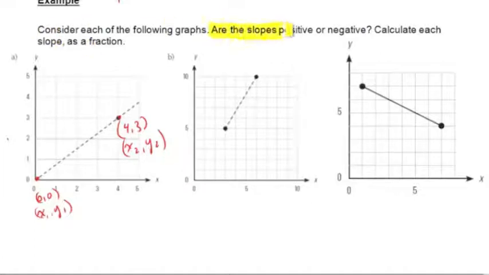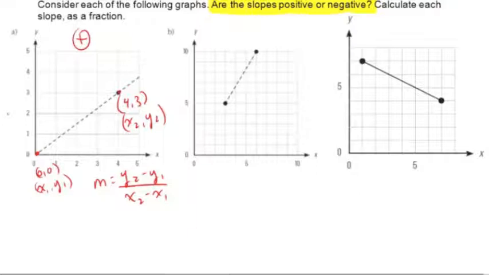Okay, so in this question, consider each of the following graphs. Are the slopes positive or negative? That's the first thing that we are going to do. Looking at the slope, it goes up and to the right, so whatever math we do, we should end up with a positive number for our slope. If we look at our slope formula, we're looking at how this thing rises between these two points, divided by how it runs between those two points. So y2 minus y1 is just comparing the y coordinates in our two points.